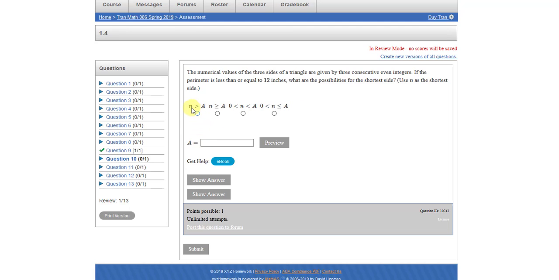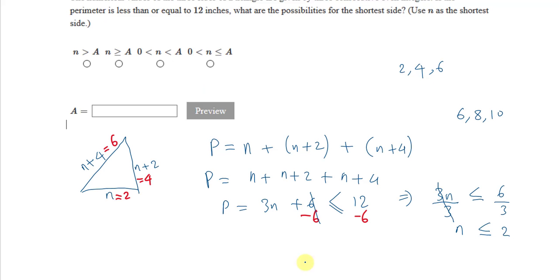Okay, A means number 2 in this case because we have n is less than or equal to 2. So which means this case, right?